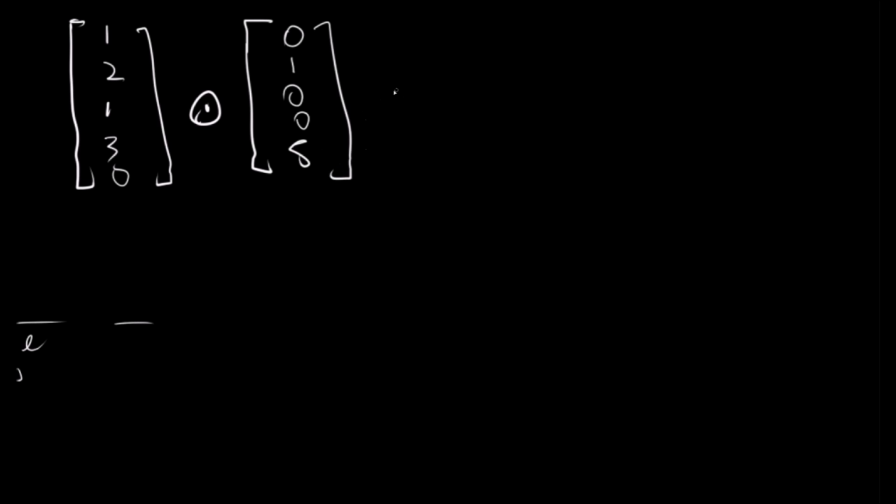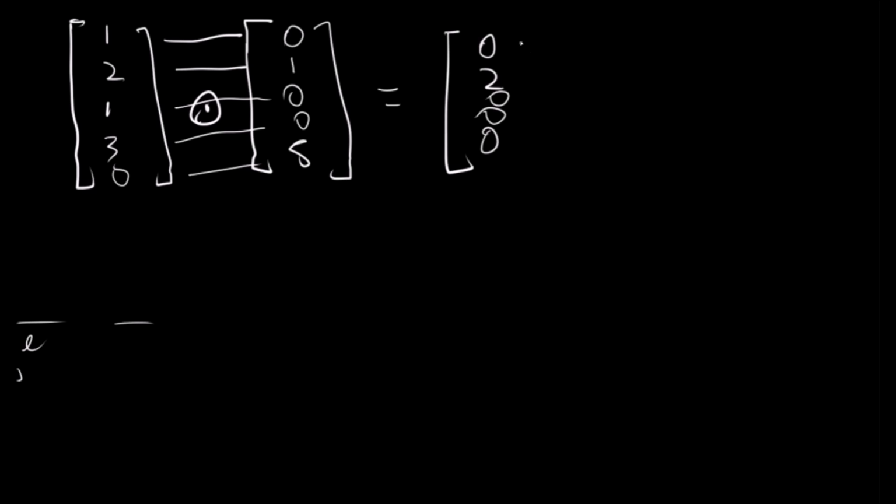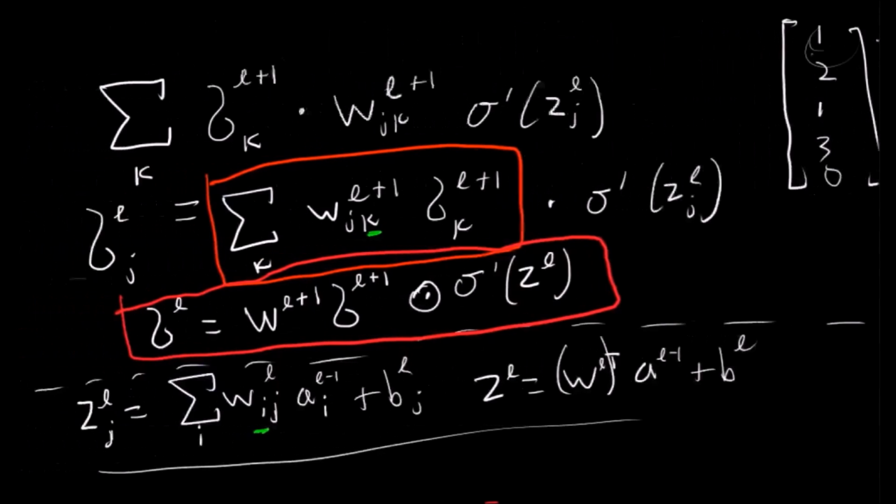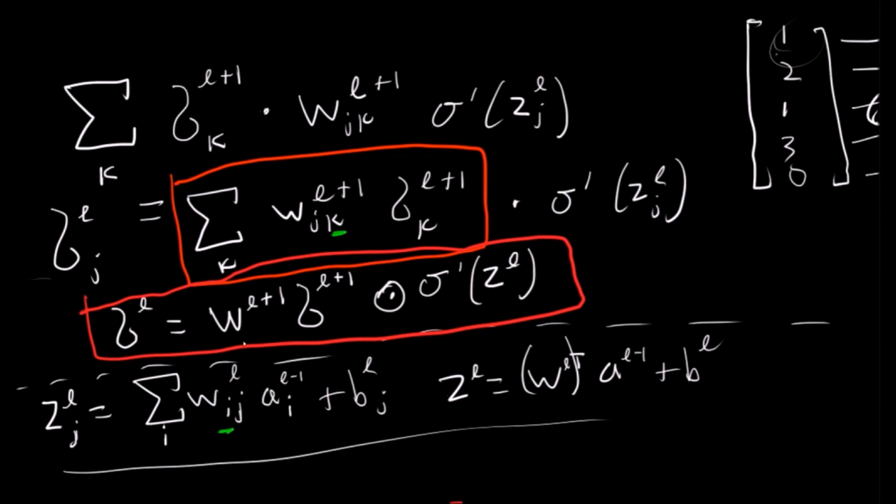Then we take 1 times 0, which is 0, 2 times 1, which is 2, 1 times 0, 0, 3 times 0, 0, 0 times 5, 0. You get the point. You just multiply each corresponding element, and that's your new matrix. I encourage you to take a look at how this multiplication actually works.